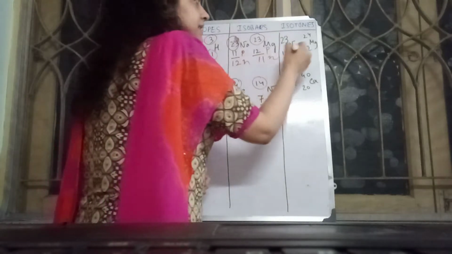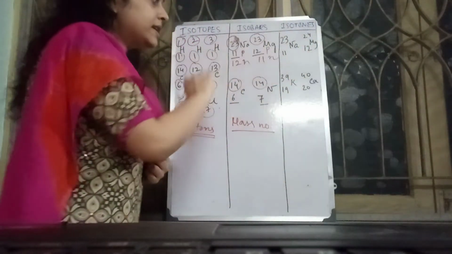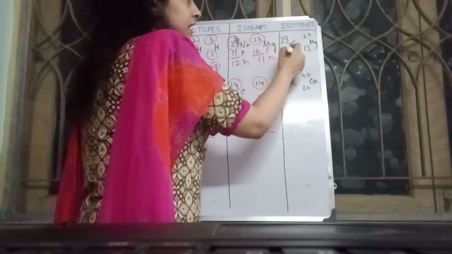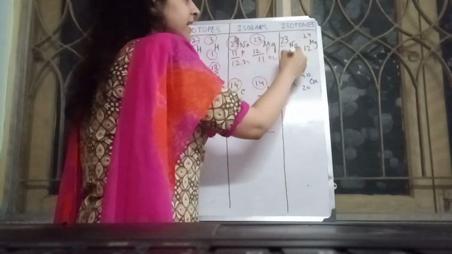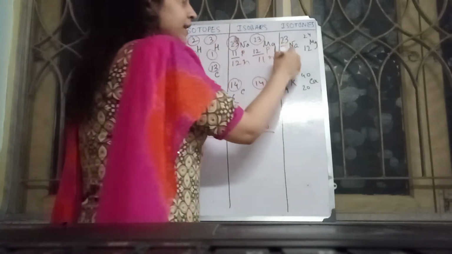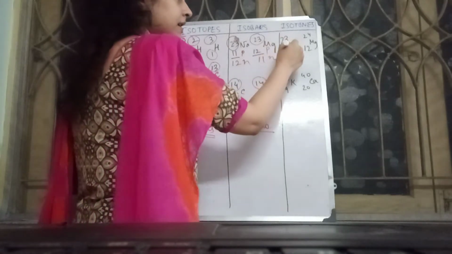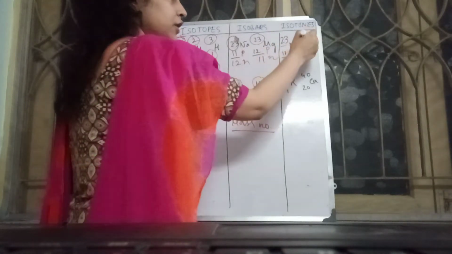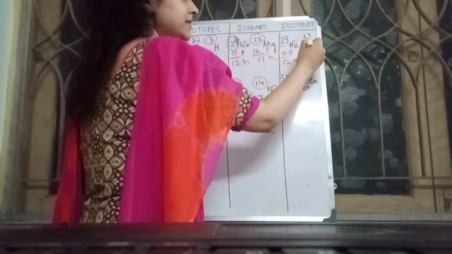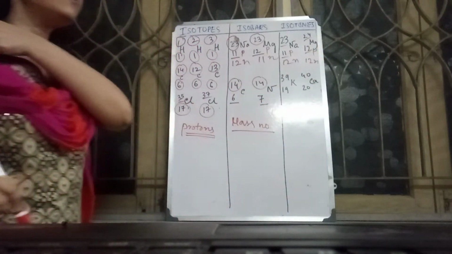Then what about this type of case? Notice here that 23, 11, if you just subtract, what do you get? 12. 12 neutrons, 11 protons. 24, 12 means 12 protons and 12 neutrons. What remains the same then?